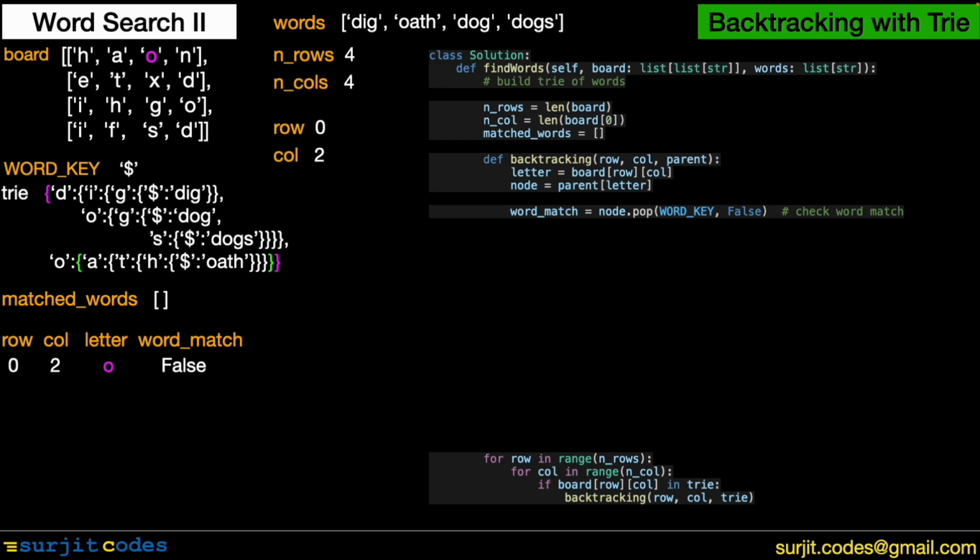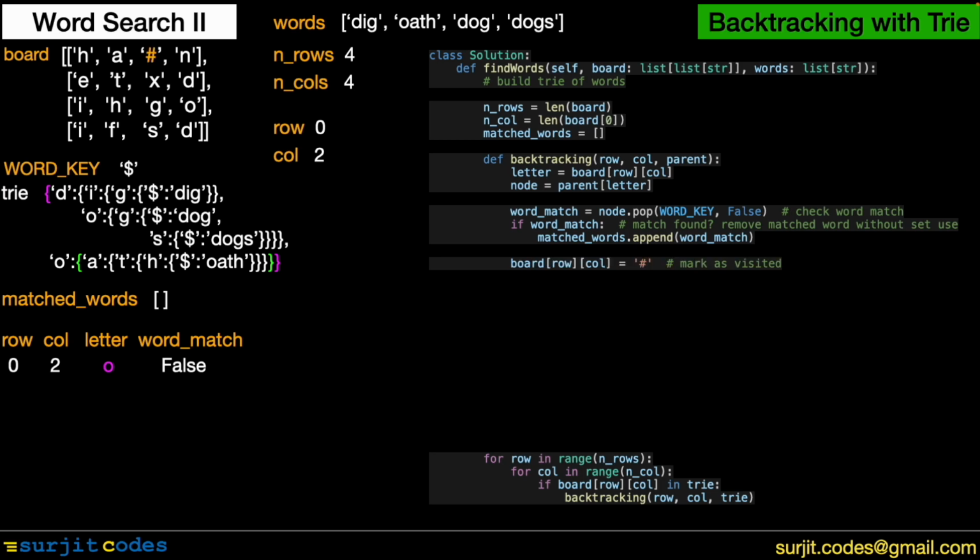Dollar is not one of the keys there, so the pop function returns false. This indicates that O alone is not a word, and we skip the if statement. We mark letter O on the board as visited by replacing it with hash. This saves us from duplicacy in searching words.